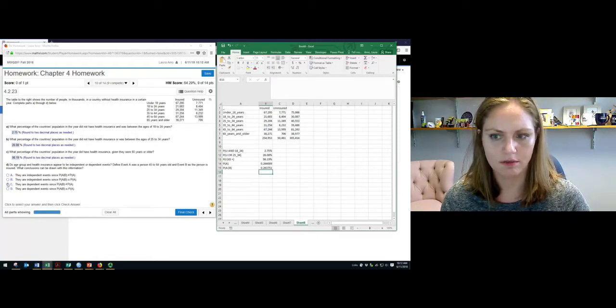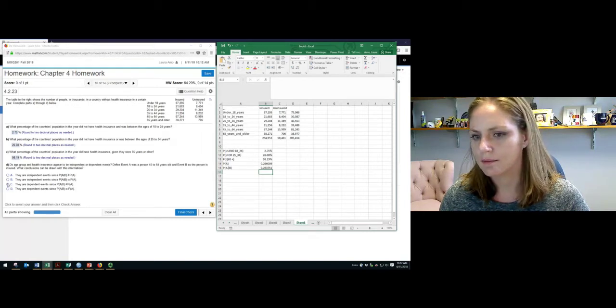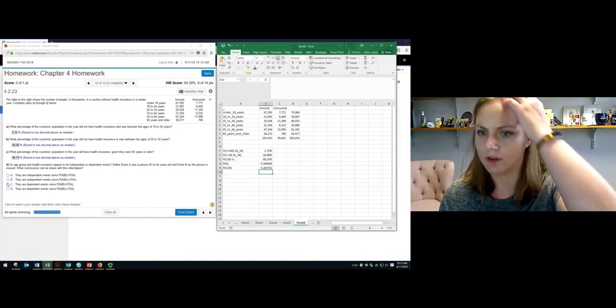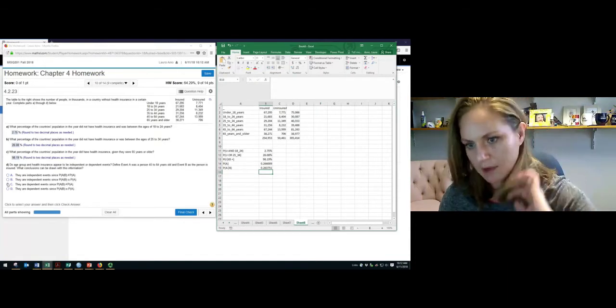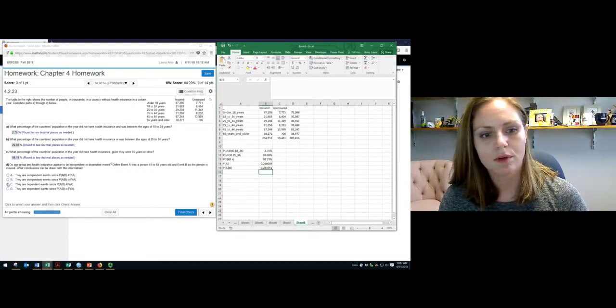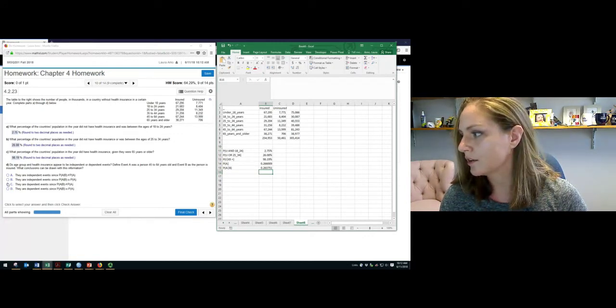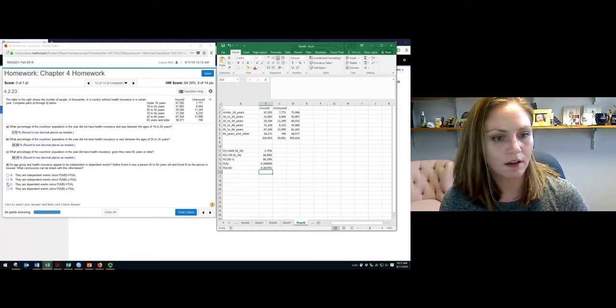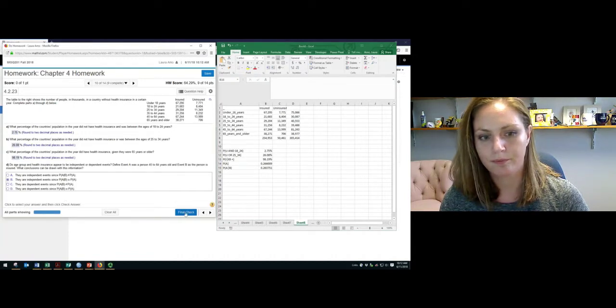Here these are roughly equitable, meaning that people in the population that are ages 45 to 64 is about 26% of the population. Of those insured, it's about the same, 26%. So we would say that these particular events are independent because they are roughly equitable.